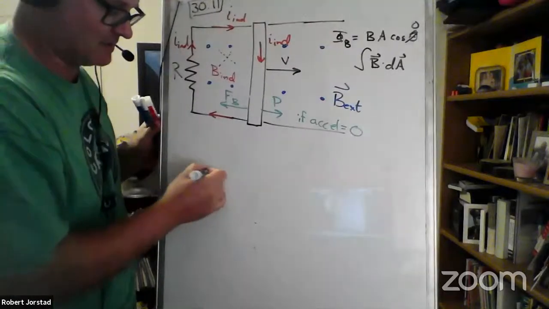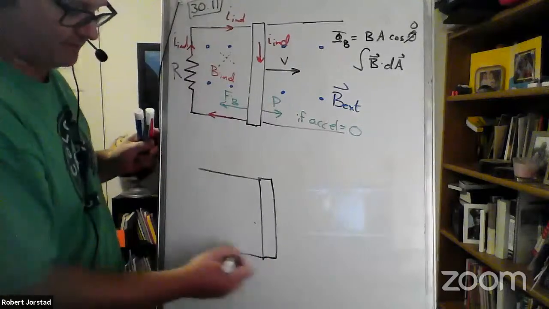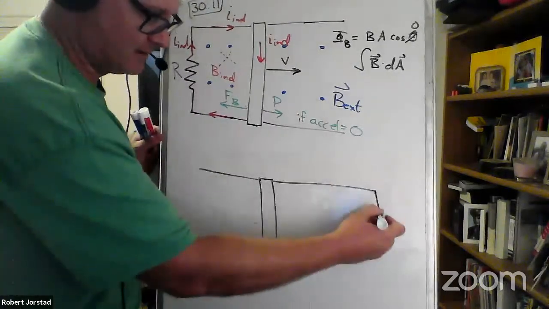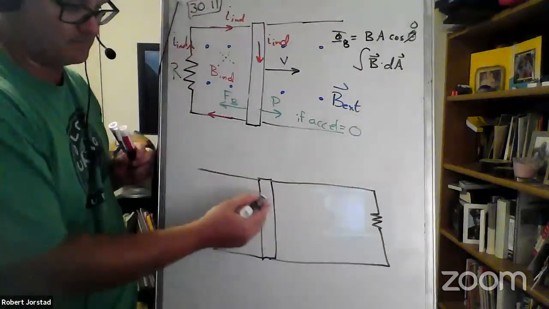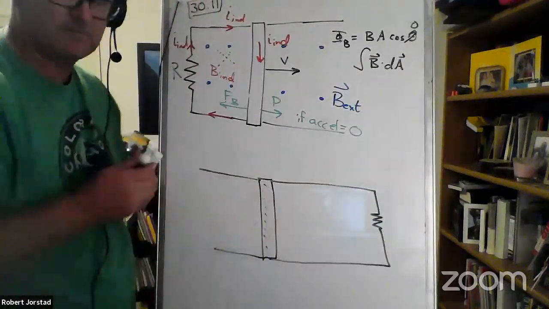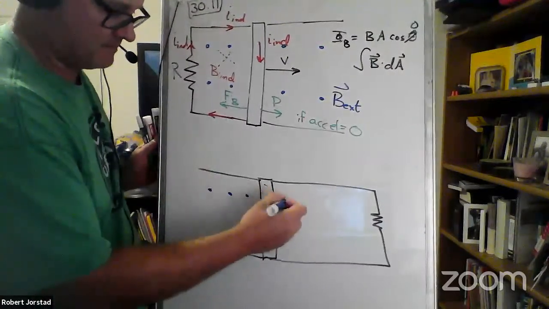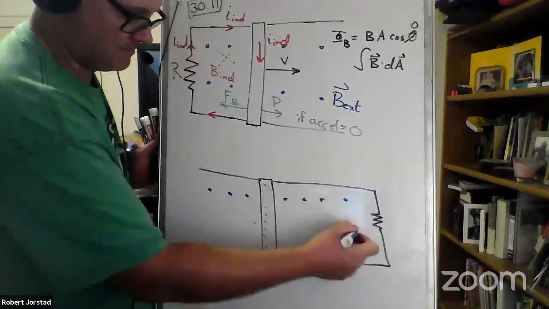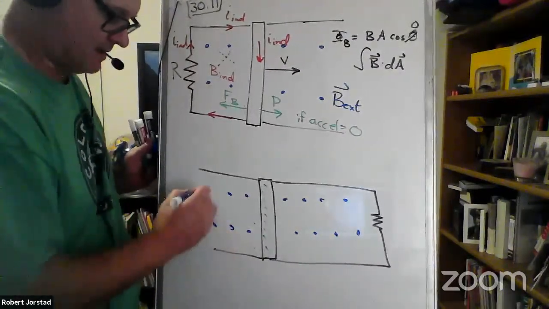Okay, let's say I do the same problem, same rod, same external field, but I put the resistor over here. I still have B. So that's still my B external.